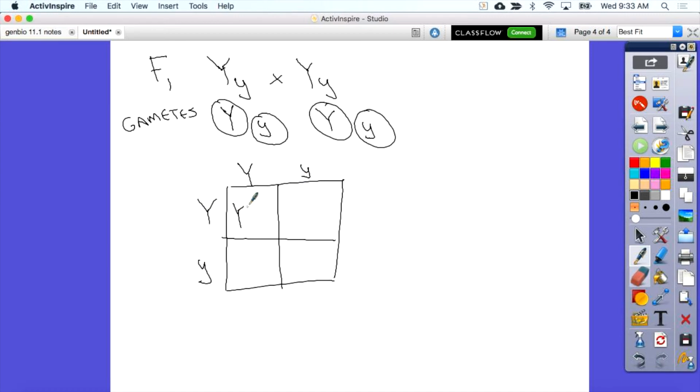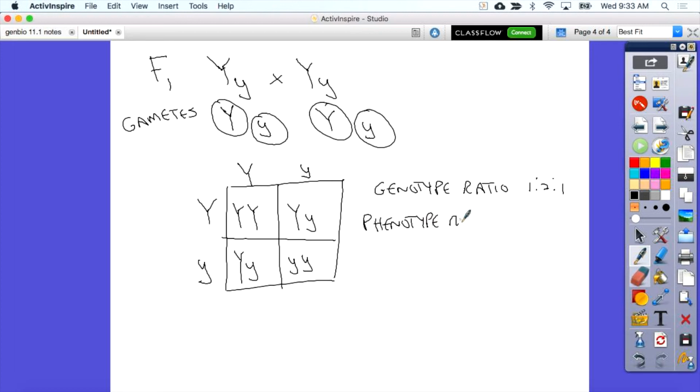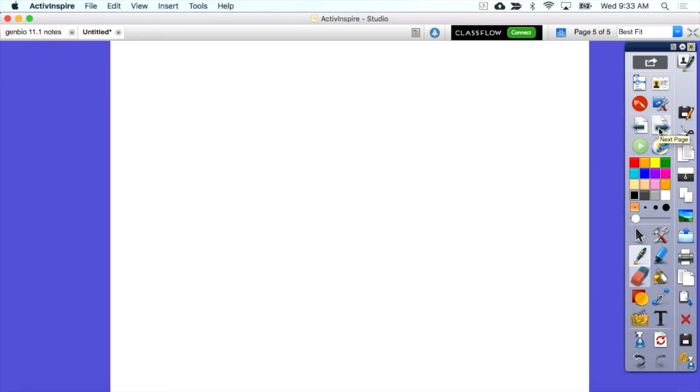Show fertilization, and we see, just like we saw in the previous example, we have a 1 to 2 to 1 genotype ratio, and a phenotype ratio of 3 to 1. So let's take this one step further.